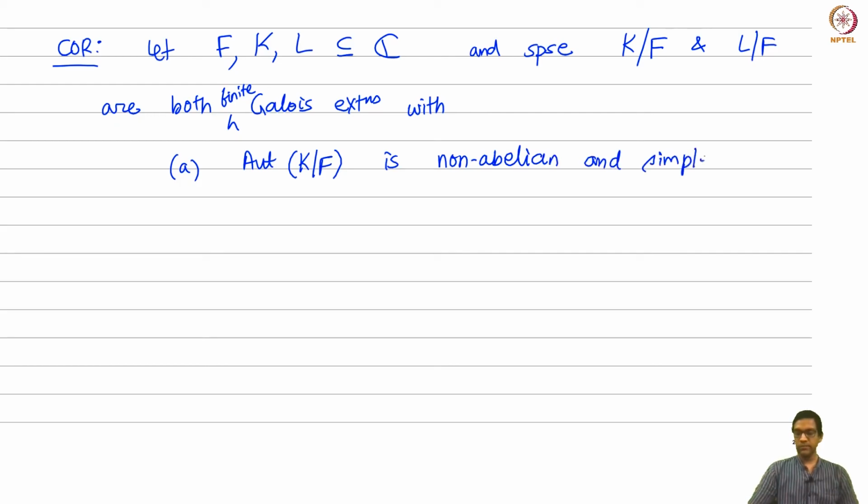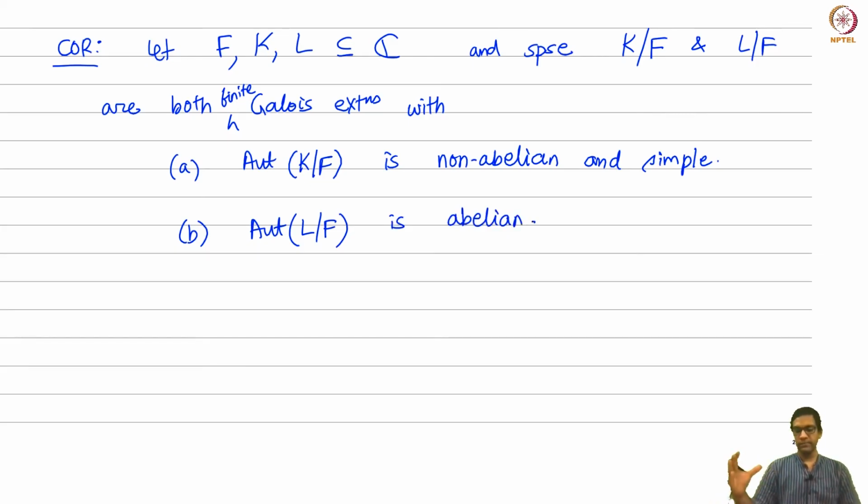Recall, a simple group means the only normal subgroups of that group are the identity group and the full group. And the other one is abelian.